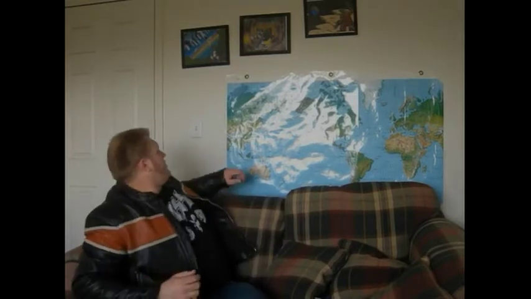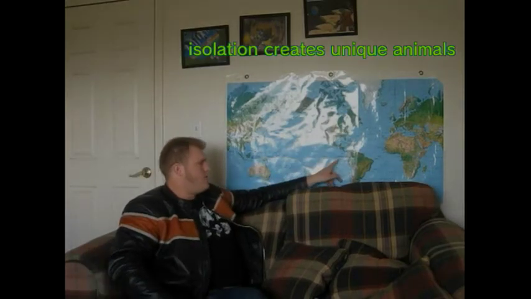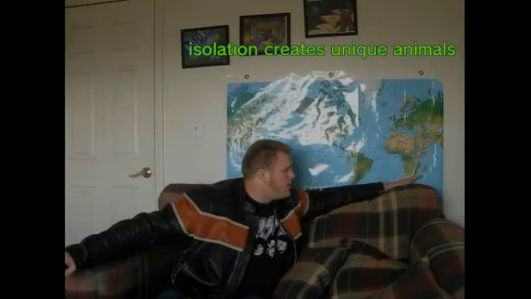You notice that the animals there are a lot more unique than other animals around the world. They're a lot different. Well, this concept is due to their isolation, because Australia is like a big island, the Galapagos is a group of islands, and Madagascar is one of the biggest islands in the world. So, understanding this will help you later in the video.